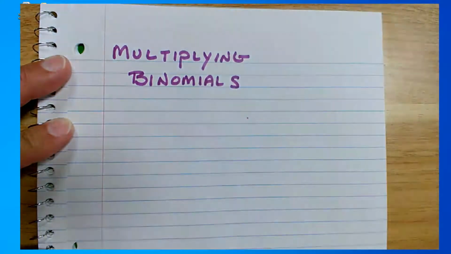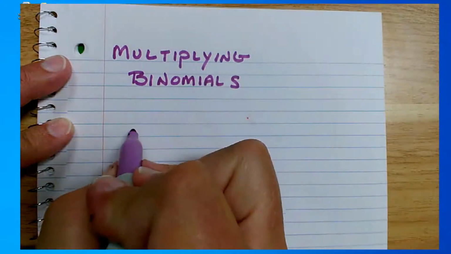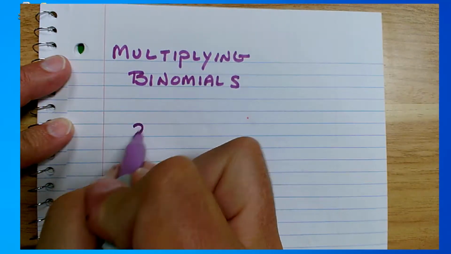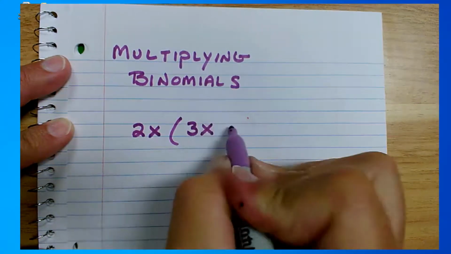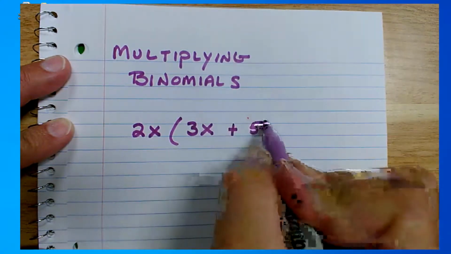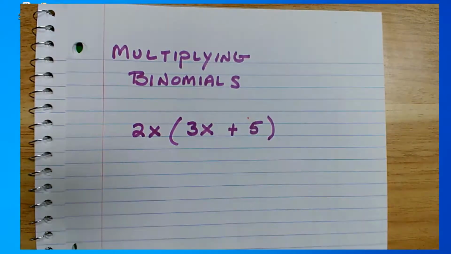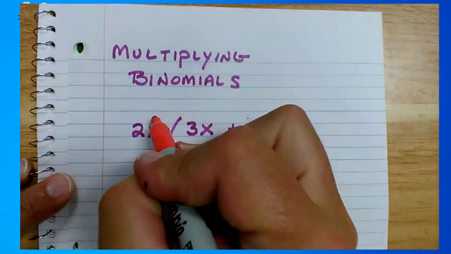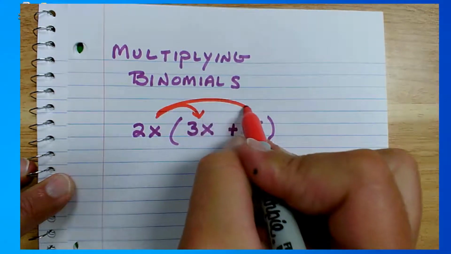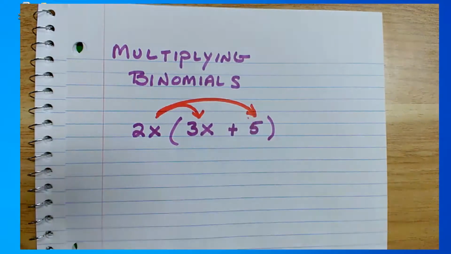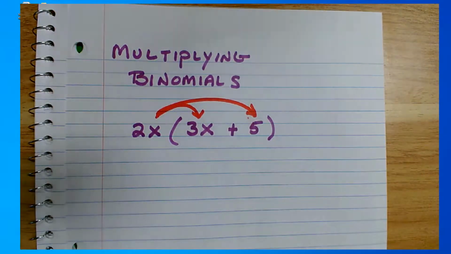But before we start multiplying binomials, we're going to do a quick review of distribution. So we're going to distribute this 2x to the parentheses.